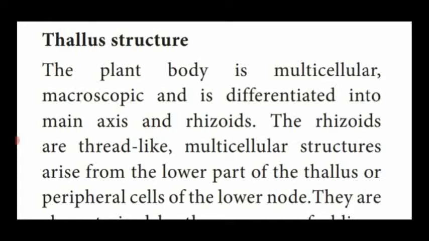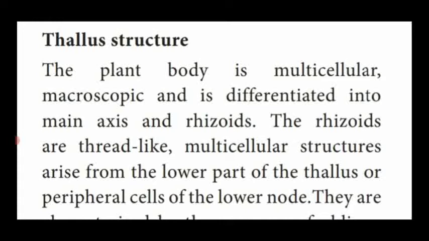The plant body is multicellular, many cell, macroscopic, that is large size of an algae, and differentiated into main axis like stem which is seen in the higher plants. Algae is the lower plants, isn't it?